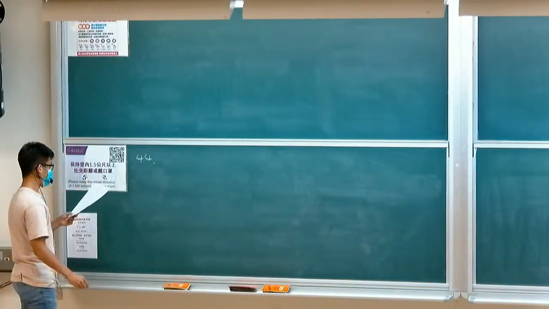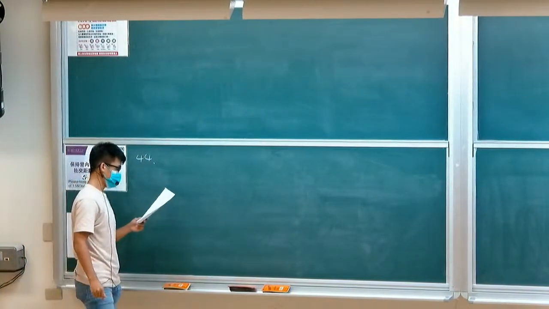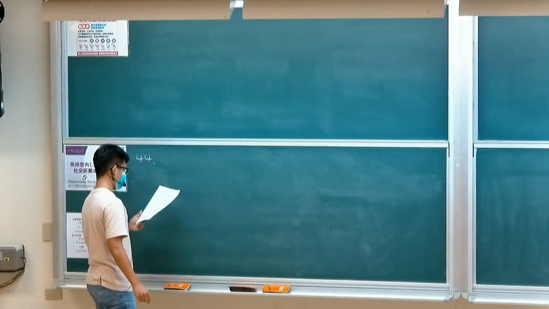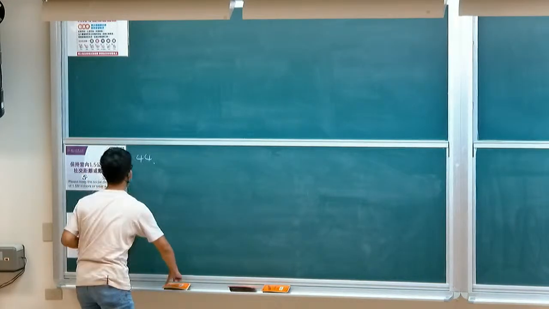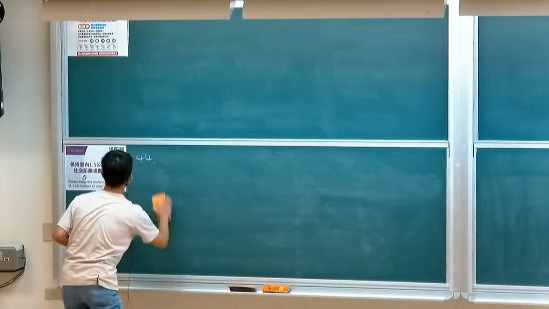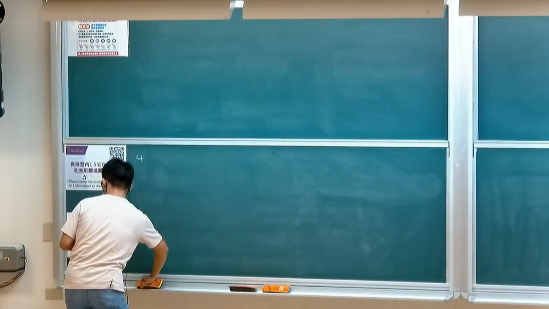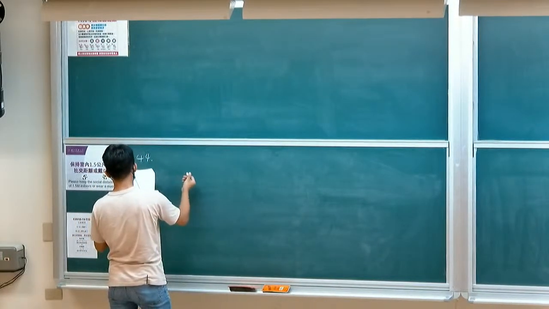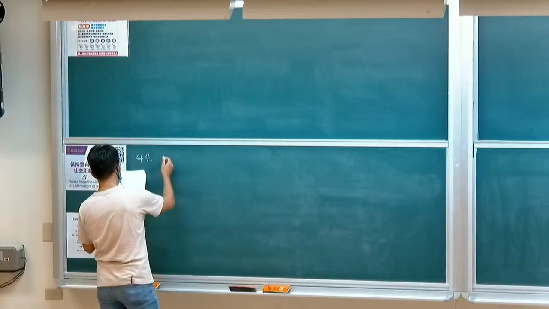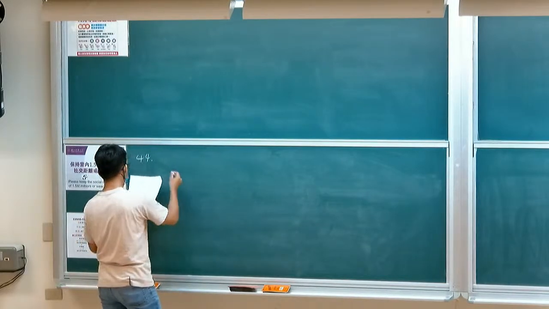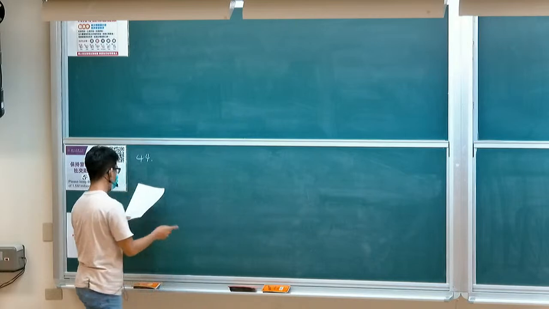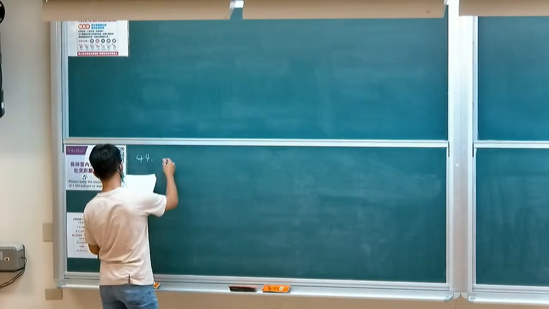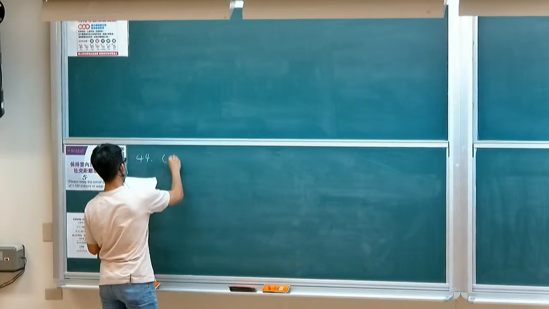For exercise 44, since this one is also not a difficult exercise, we will not do it here. But to remind you, you can ignore the second part, since the domain of f is R3, but this line segment is not in the domain of f.